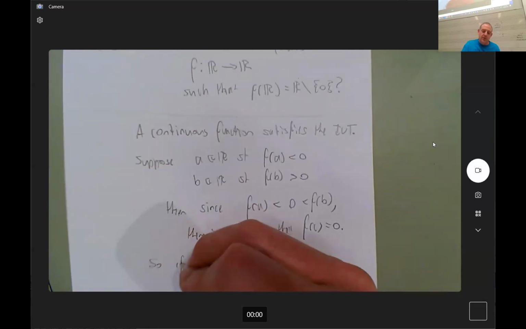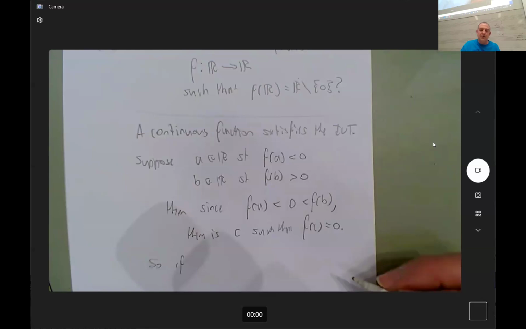So for a continuous function, if both positive and negative numbers are in the range, then so is 0.